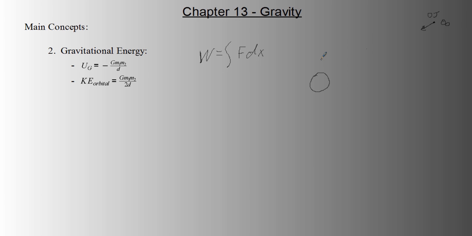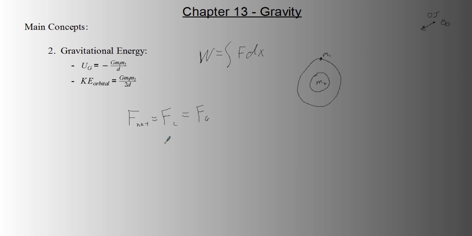If here's a planet, and we'll say this is m2, the mass of the planet, and you're a little m1, moving in a circle, then your net force is your centripetal force. The only force causing you to do that, if there's no air resistance or engines firing, is the force of gravity.